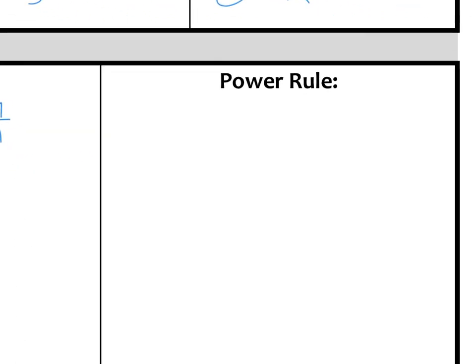And power rule, also the same here. So if I had an n out front, n natural log of m, I can use that power rule to bring this coefficient up into the exponent.